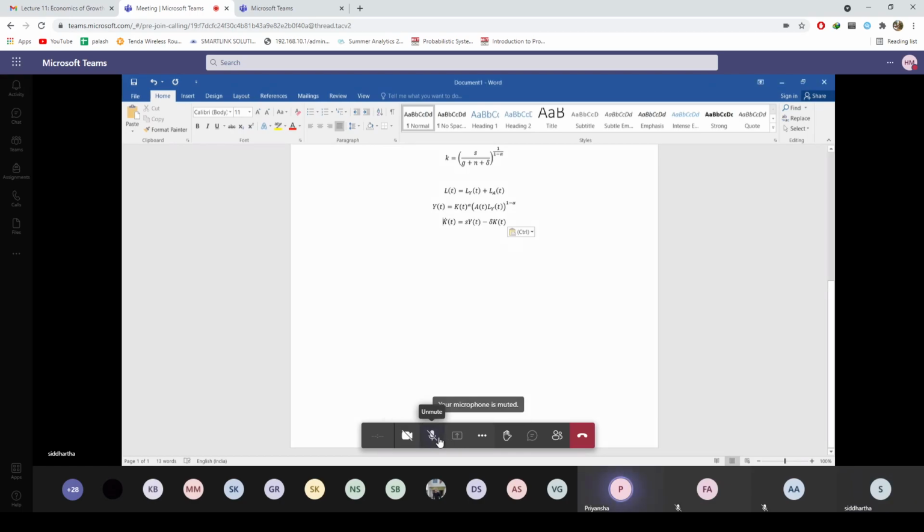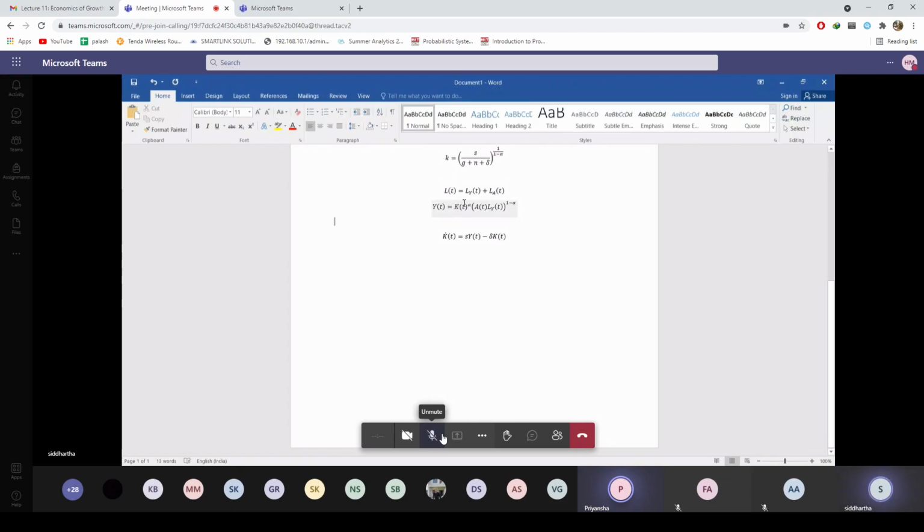Sir, it would be increasing return to scale. How do you know that? Sir, if we put lambda KT, lambda AT, and lambda LYT, then we'll get lambda to the power 2 minus alpha.